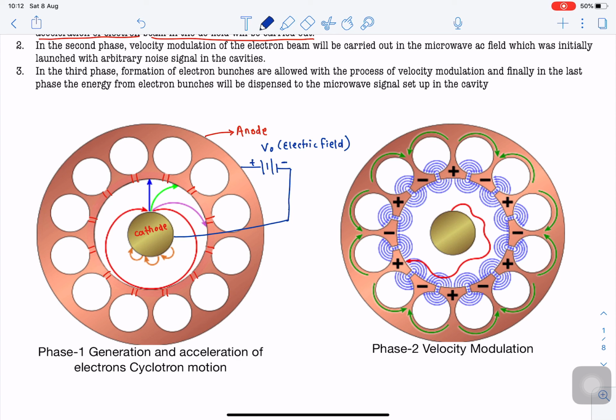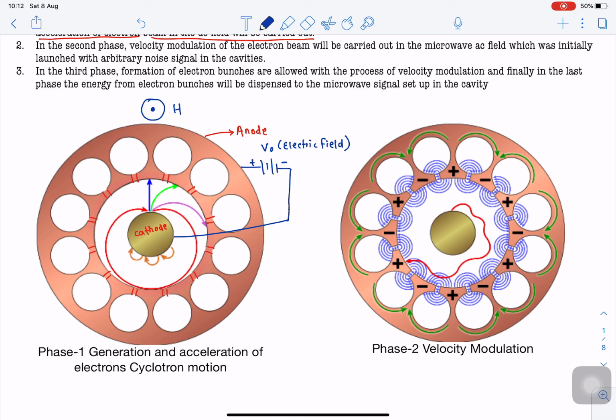The cathode is connected to the negative potential so that it will get heated up and start emitting electrons. Okay, and here the magnetic field is oriented perpendicular to the plane of the paper. Here I will show the symbolic representation of the magnetic field, that is H. The magnetic field is present in the plane vertical to the cross section of the cylindrical magnetron.